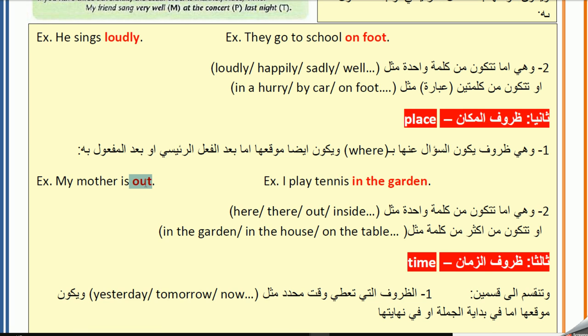Out, adverb of place, comes after the verb is. Another example, I play tennis in the garden. In the garden, adverb of place, comes after the object. This is an adverbial because it is a phrase.